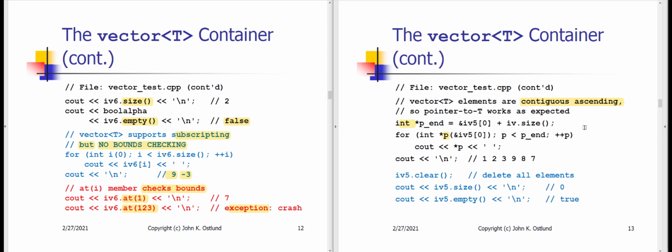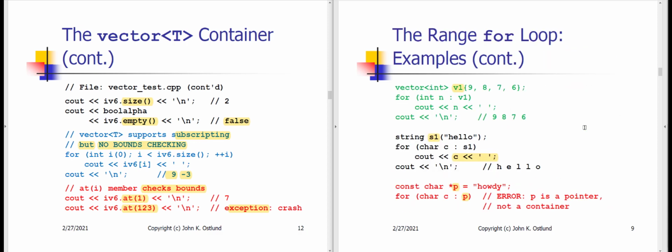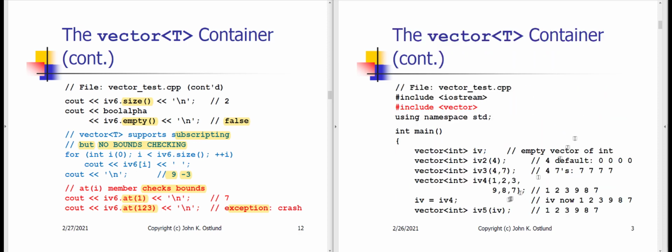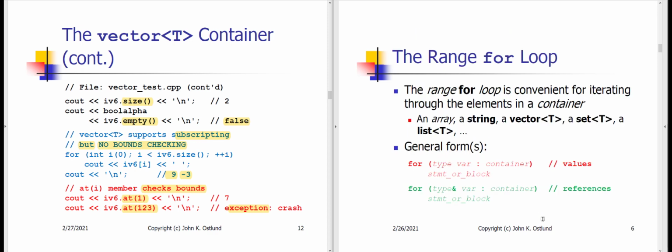Now, we haven't seen iv5 for a while, so let's back up and find out what's in iv5. Okay, here's iv5 back here. And iv5 was initialized with a copy of iv. So iv5 contains 1, 2, 3, 9, 8, 7. All right, so there are 6 elements in iv5.